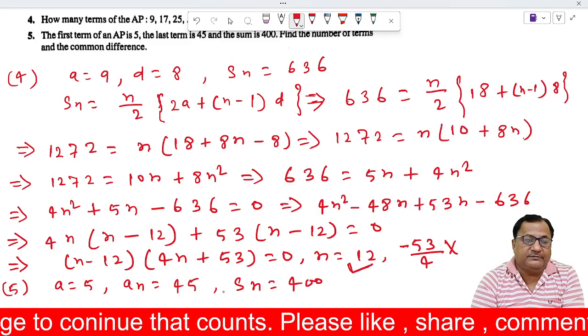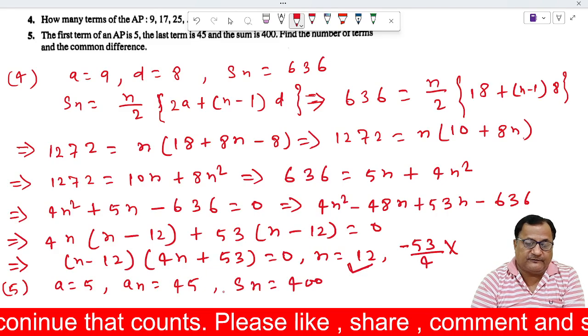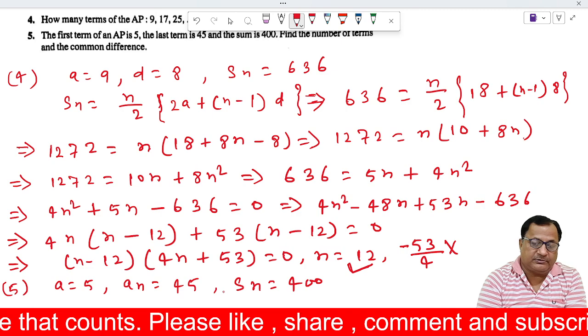Find the number of terms and the common difference. We have to find n and the common difference.